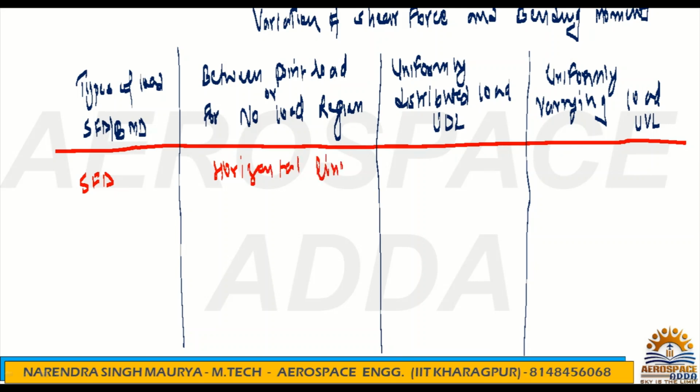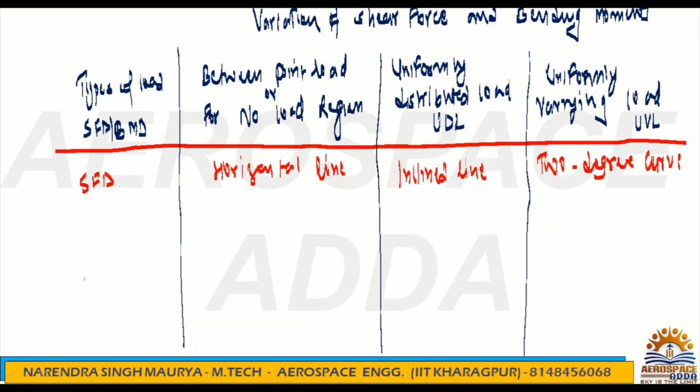And if there is a uniformly distributed load, then the SFD curve will be an inclined line. And if there is a uniformly varying load, then SFD will be a 2 degree curve, that is parabola. I'll write here.